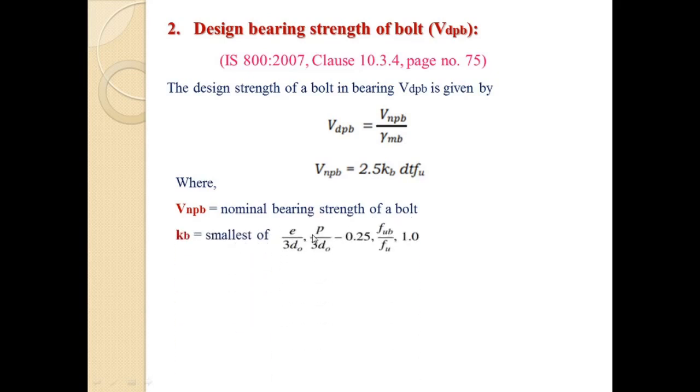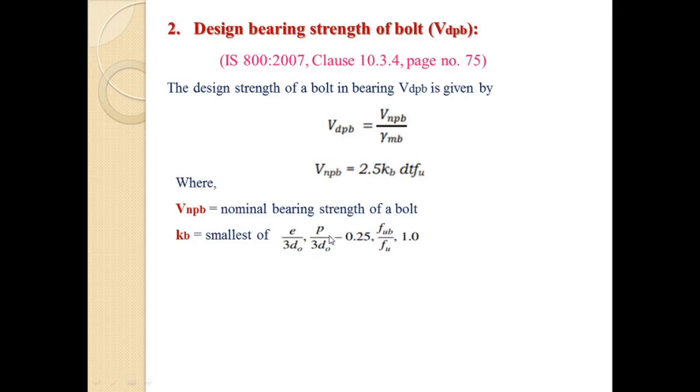kb is a constant, calculated as the smallest of these four values: e upon 3d0, or p upon 3d0 minus 0.25, or Fub upon Fu, or 1. Whichever is smaller, we take as kb.